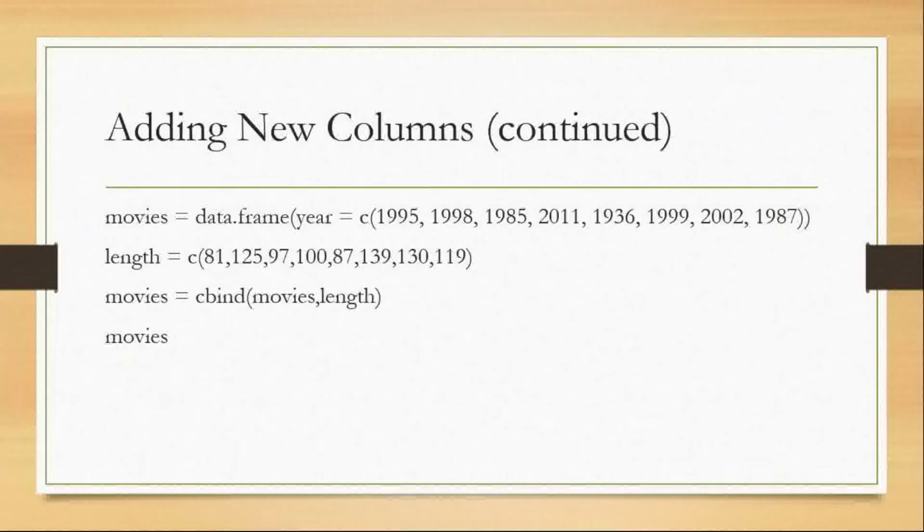Here, length is given after movies, hence the column length will be appended, that is, added at last. Suppose length is given first and then movies in the argument list, then length will be prepended, that is, added to the beginning.